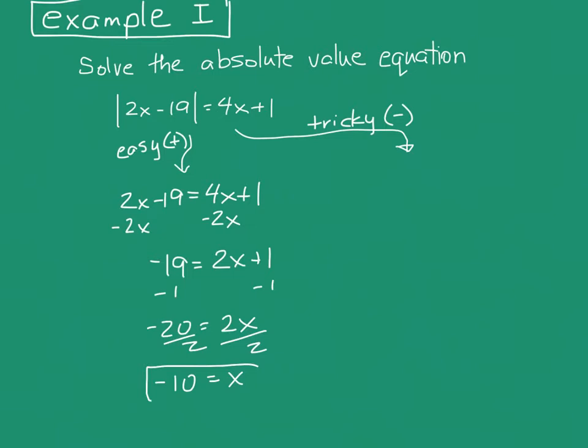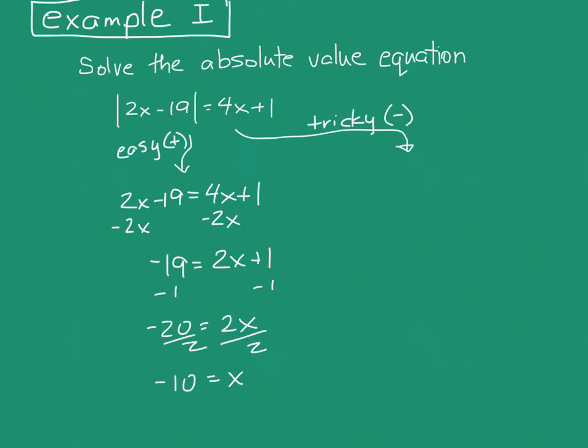Okay? Before I circle that, I need to be careful because I need to check the negative 10 back in the equation. So I'm actually going to erase that box and we'll check it. But let's first of all go ahead and work on the other tricky problem over here.